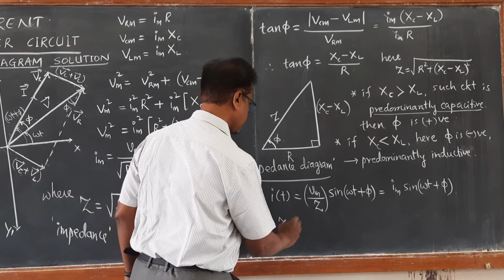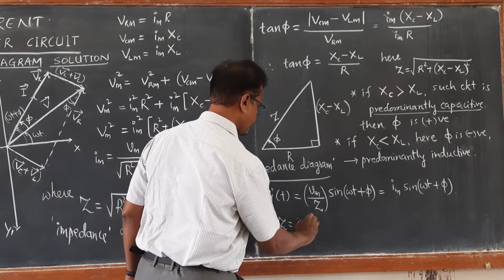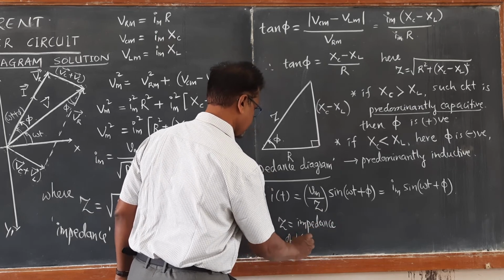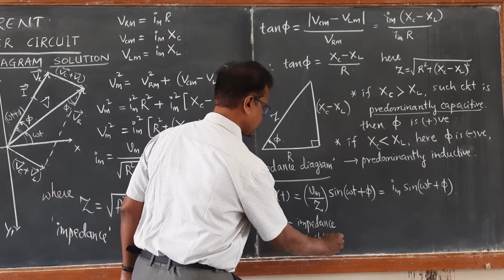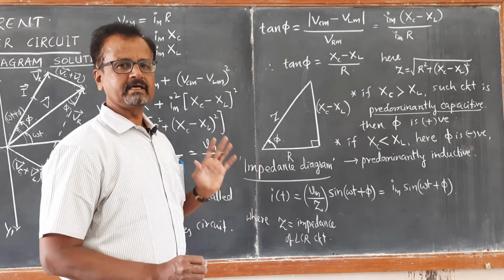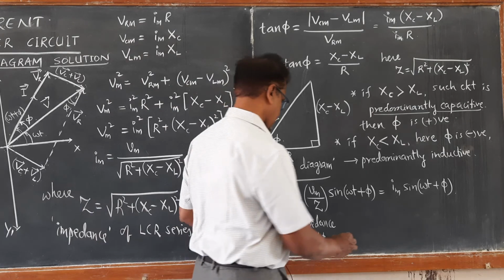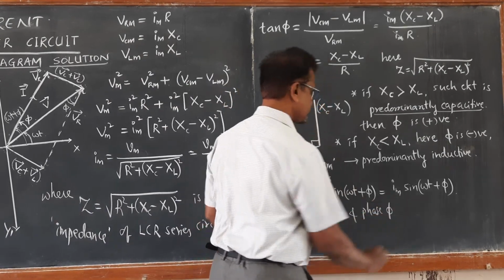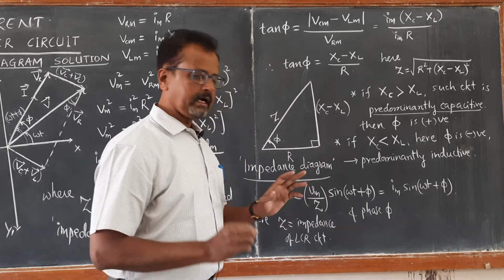Z is the impedance of the LCR circuit, which plays the same role as the resistor in the case of an AC circuit connected with a resistor. And phi is the phase difference between current and voltage.